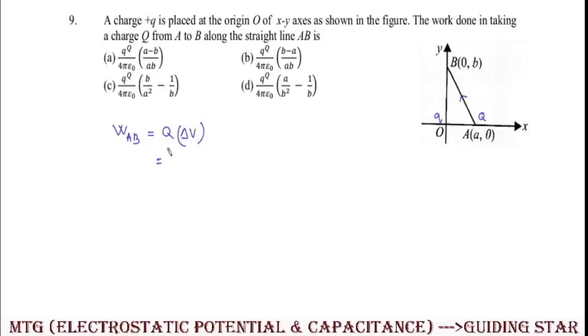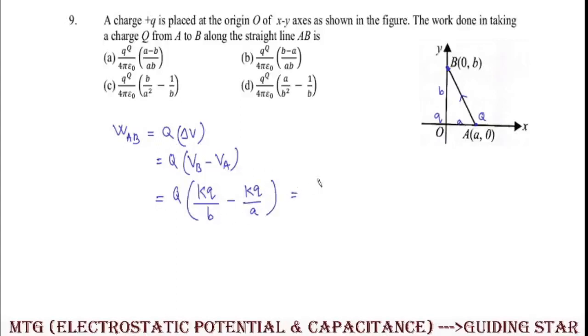So here it's Q into delta V. That means the final potential at B minus the initial potential at A, the potential difference between A and B. So Q into VB, the potential at the location situated at a distance of B from plus Q, is KQ divided by B, minus the potential at A, which is situated at a distance of A from plus Q, is KQ divided by A.